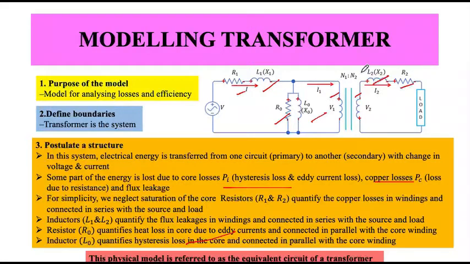Now given a transformer, who tells me what is R1, L1, what is R naught, L naught, L2, and so on? The load I could know because I am just connecting it externally to the transformer. So this is known to me, other things are unknown.